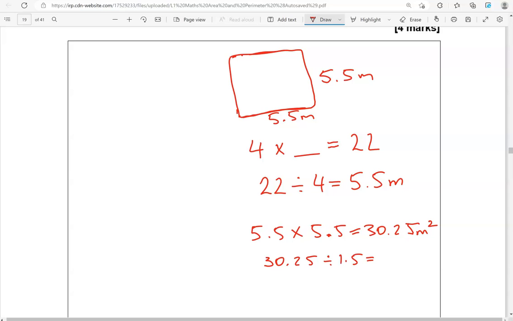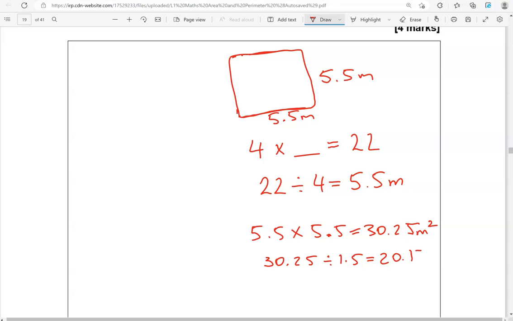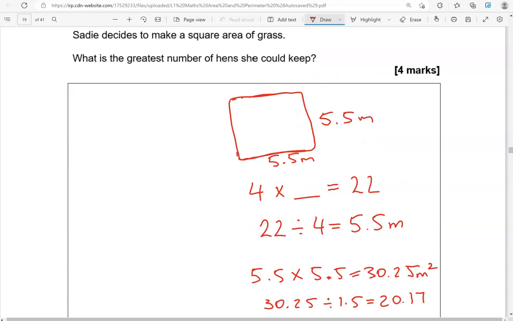That gives us 20.17, rounded to 2 decimal places. And we need to say 20 hens, because there's only enough space for 20 hens, not 21.